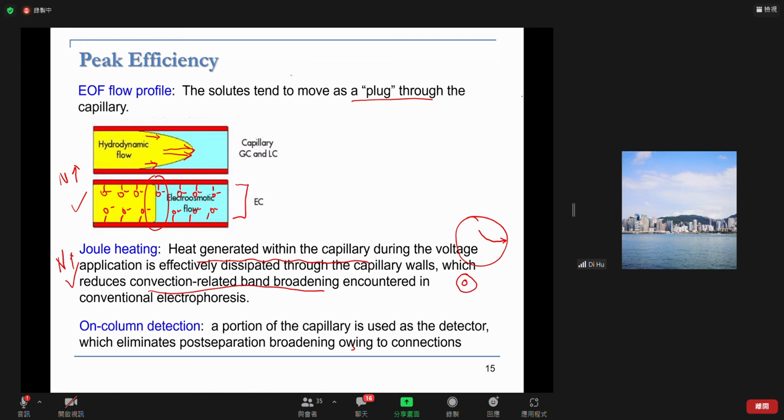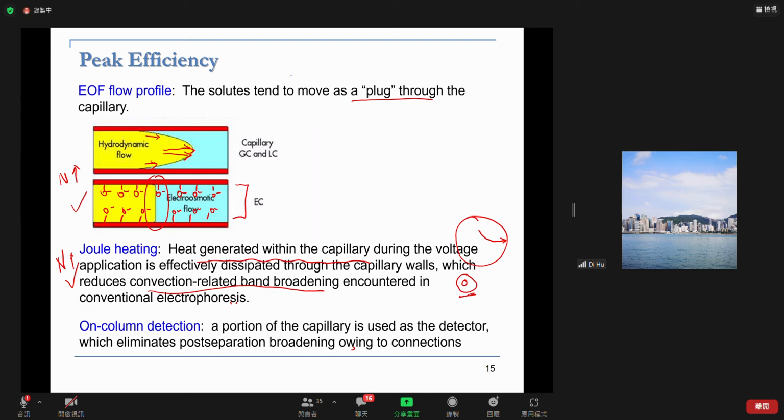So that's why they're using a thinner capillary, as I just mentioned, that also helps to solve this problem. Small diameter, easy heat dissipation. Okay, so that's why the capillary tube does that. And also, the capillary tube can get into the detector, so you can have on-column detection.